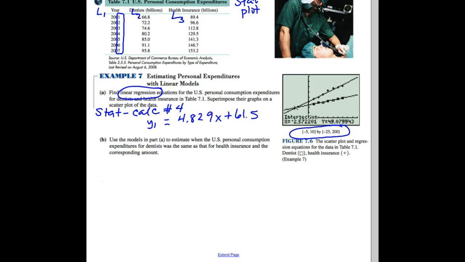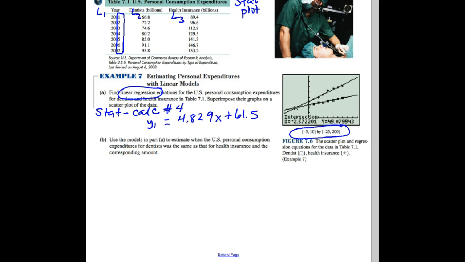All right, notice your R value is almost 1, .99644. All right, very good fit. Okay, now let's go back and calculate the second one. So go back to Stat, Calc, Linear Regression. This time we're using list 1 and list 3.